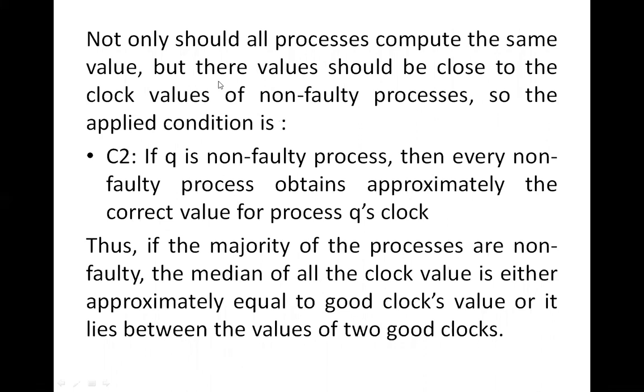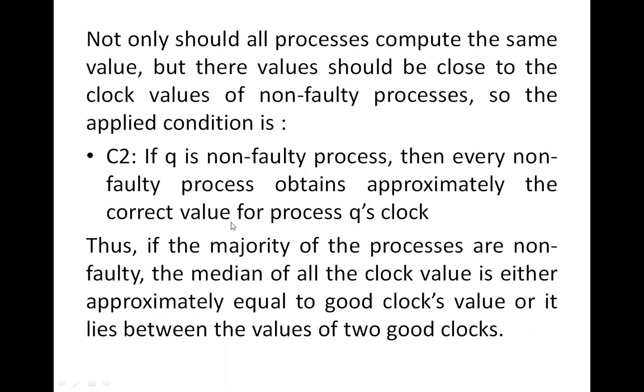Now, not only should all processes compute the same value, but their values should be close to the clock value of the non-faulty processes. So the second applied condition is: if Q is a non-faulty process, then every non-faulty process obtains approximately the correct value of the process Q's clock.